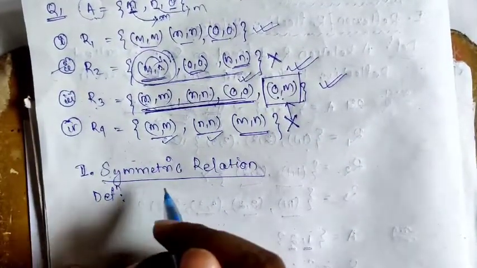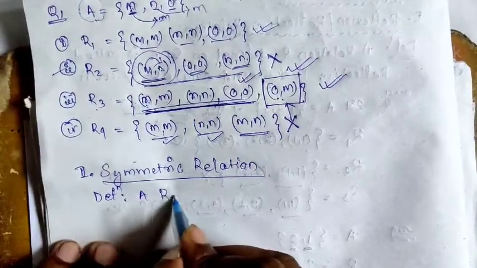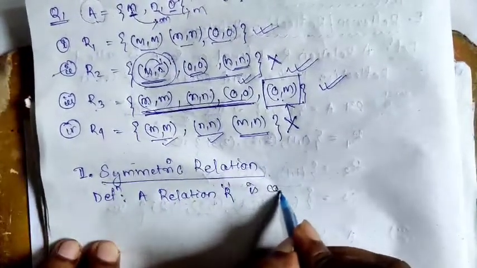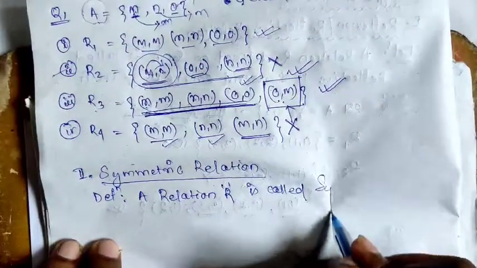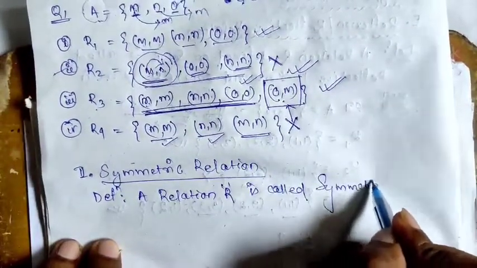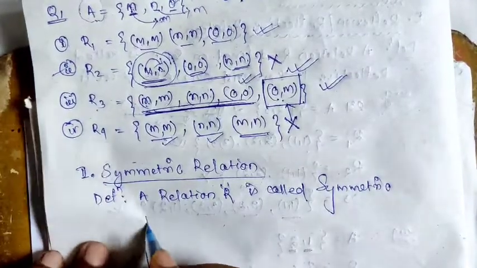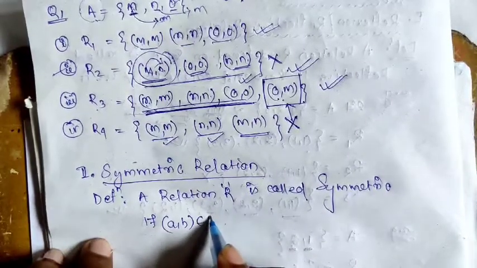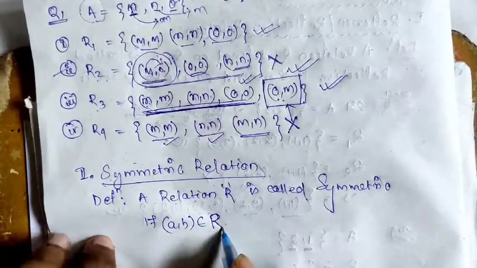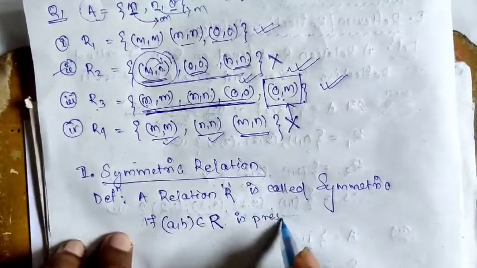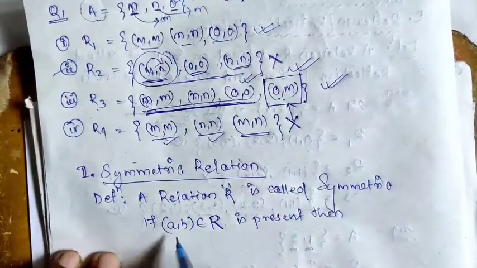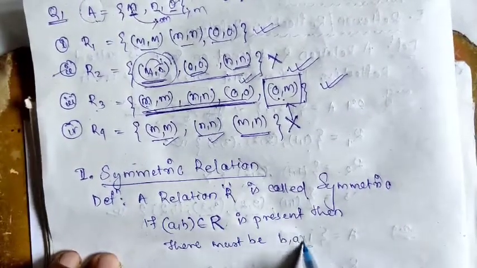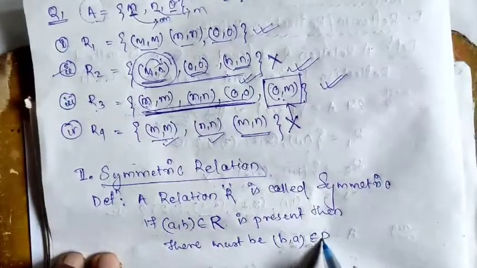Definition says a relation R is called symmetric if the ordered pair (A, B) of set R or relation R is present, then there must be the ordered pair (B, A) also present.